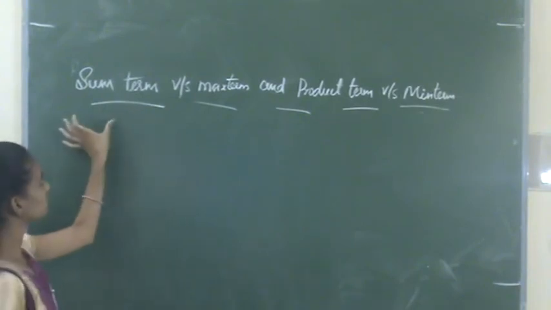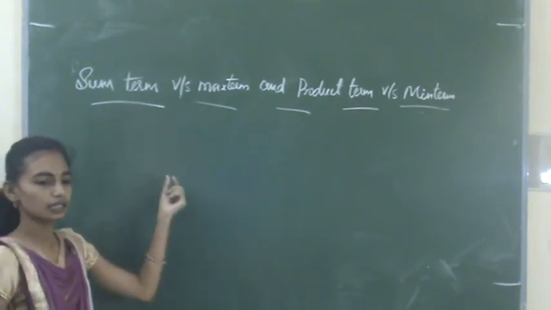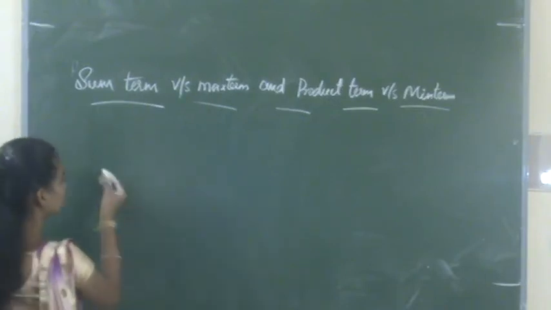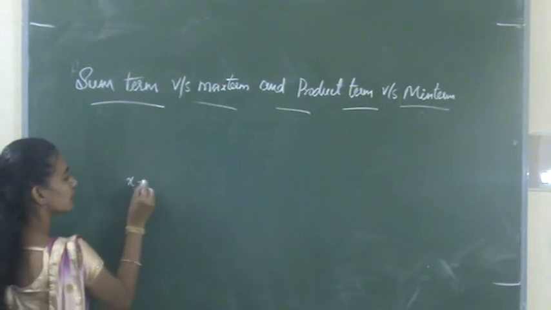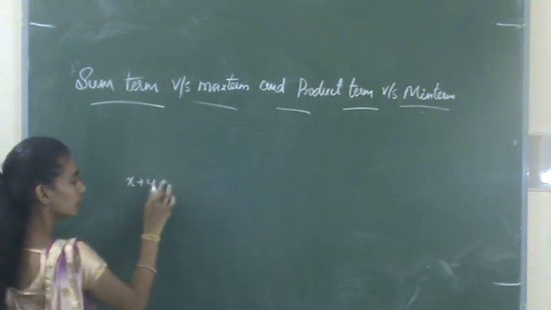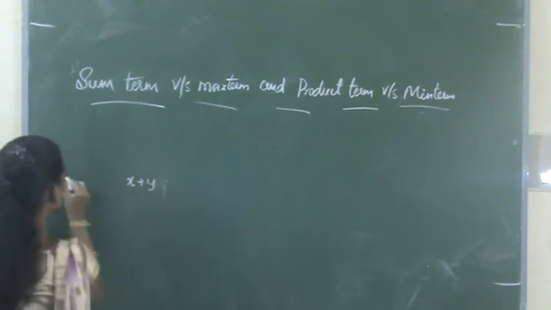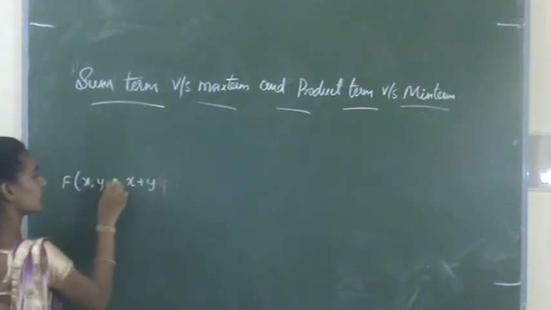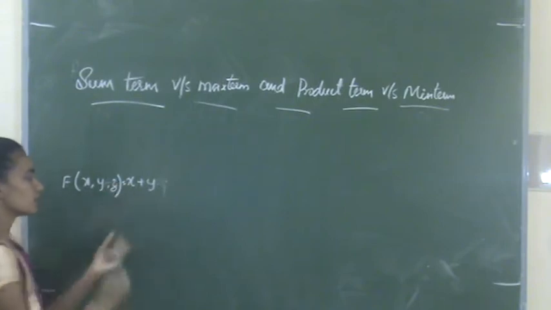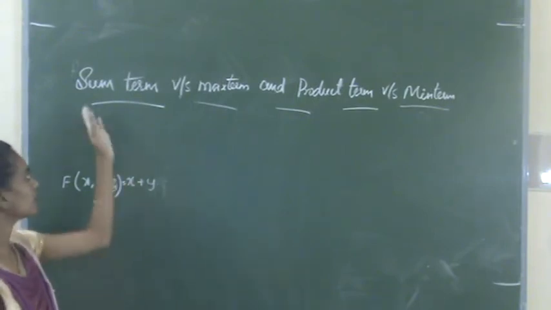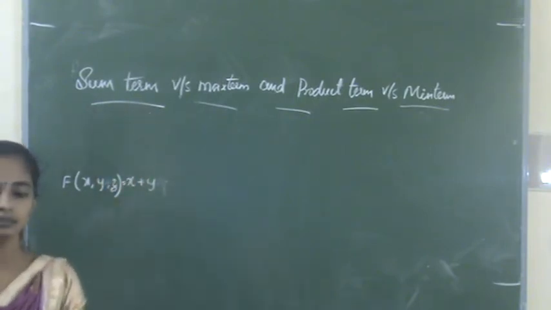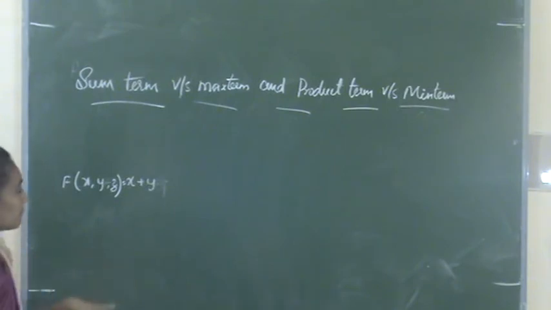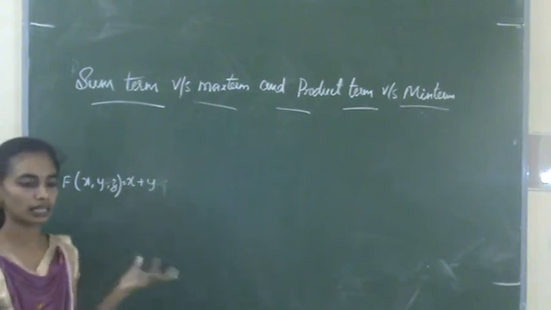We know that a sum term is a sum of variables. Suppose we have three variables x, y, z. Then x plus y we call a sum term. A sum term means a sum of the variables, but it may or may not contain all the variables.